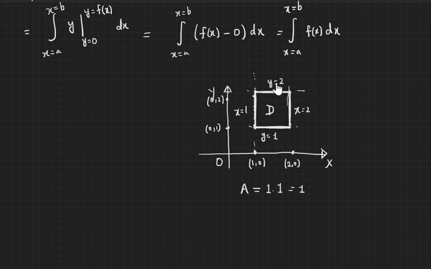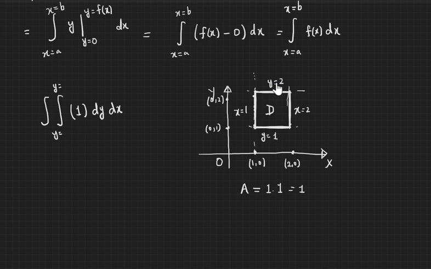It means that this region is bounded by these four boundaries. Hence, we can write down the integration of 1. As I told you, when you want to find the area of a two-dimensional region using double integral, the integrand should be 1. Now we are integrating with respect to y first, so we have to mention the boundaries of y, and then we will integrate with respect to x.